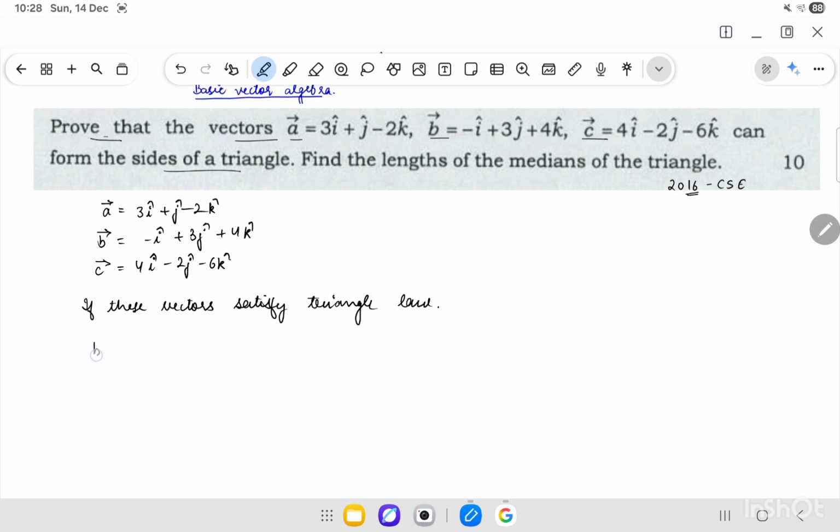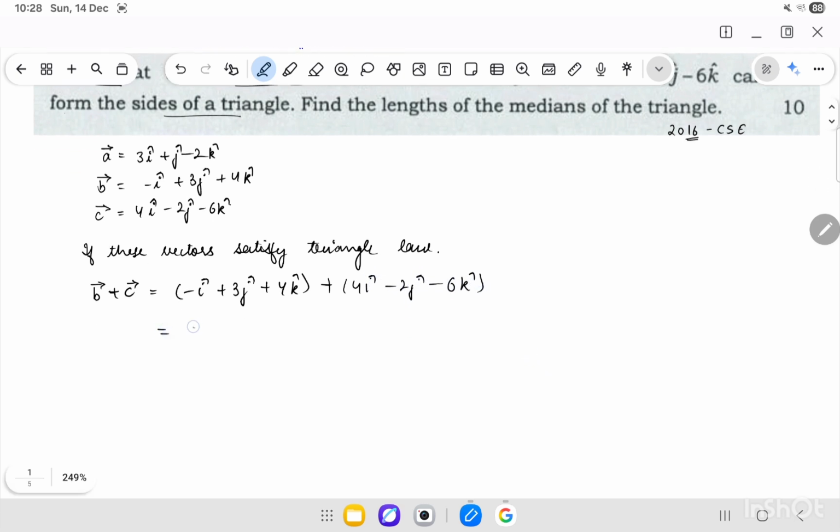So if we check B vector plus C vector, it will be equal to minus i cap plus 3j cap plus 4k cap plus C vector, that is 4i cap minus 2j cap minus 6k cap. Now if we add these 2 vectors, we'll get 3i cap plus j cap minus 2k cap, which is basically A vector.